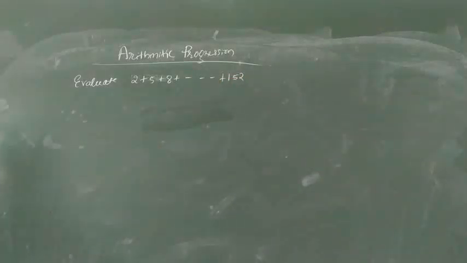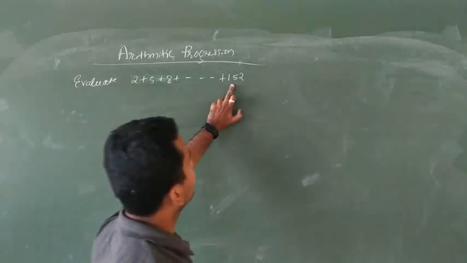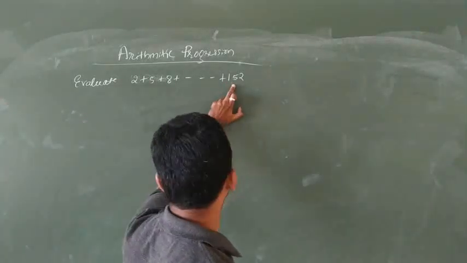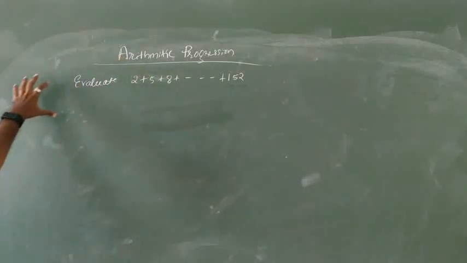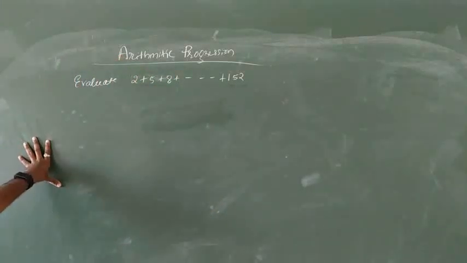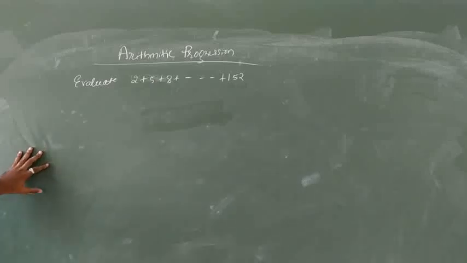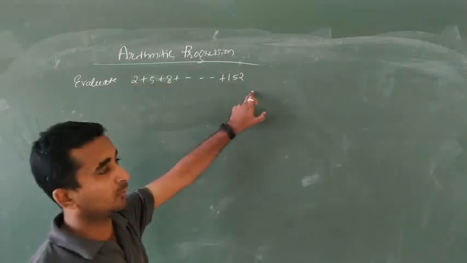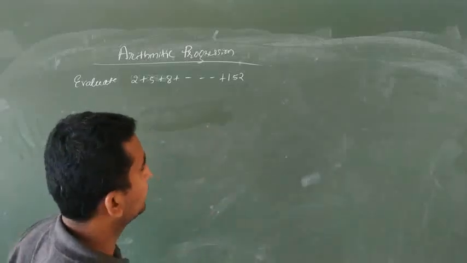Here we know the last element, and the first element, but we don't know how many elements we are going to add. So first we have to find how many elements we are going to add up to 152.